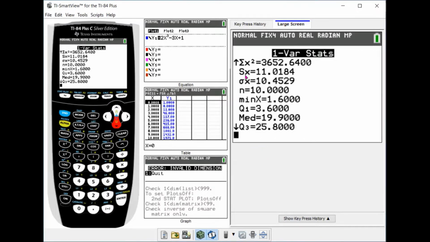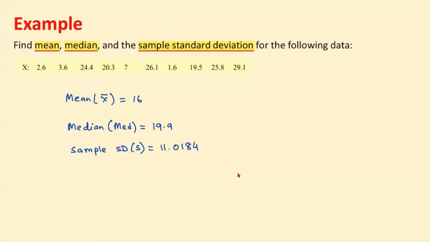So sample standard deviation is always denoted by S. And for this data, the value of the sample standard deviation from our TI-84 calculator is 11.0184. So using the TI-84 calculator, we got these three values: mean 16, median 19.9, and sample standard deviation 11.014.